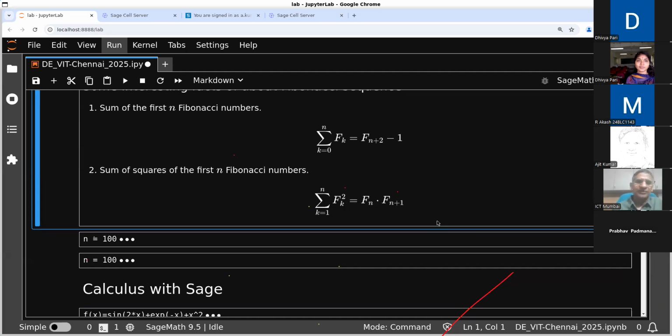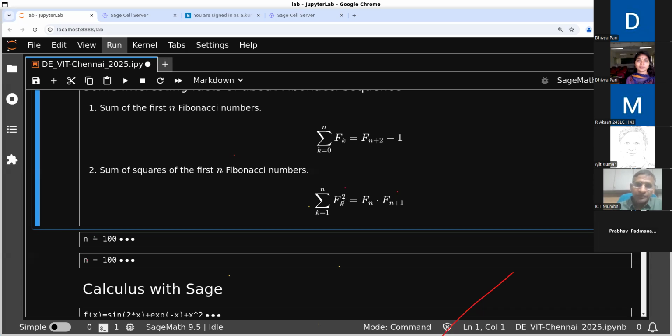It appears in nature very frequently. You can look at what are the applications of Fibonacci sequence in nature. For example, one of the properties is that summation of f_k, k going from 0 to n, that means if you add the first n Fibonacci numbers, that is nothing but f_(n+2) minus 1. That very easily you can prove.